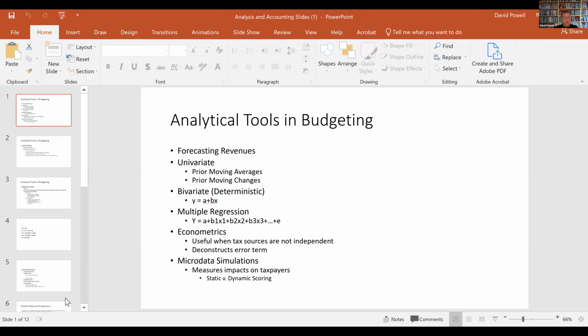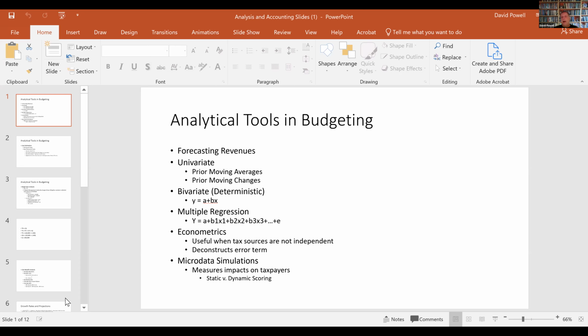Deterministic modeling, we will use one variable to then predict our revenue forecast. So you may say we're going to look at the gross domestic product, the GDP, and we'll use the GDP and changes in the GDP to then predict the amount of revenue we'll be able to forecast next year.